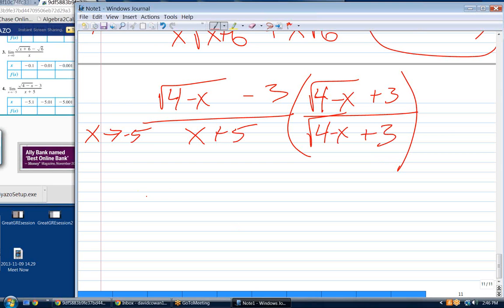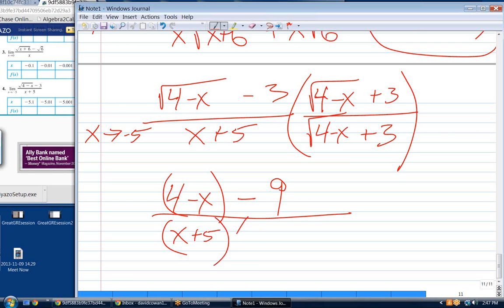And the numerator becomes what? 4 minus x minus 9. And the denominator, for the moment, let's just leave it in factored format.